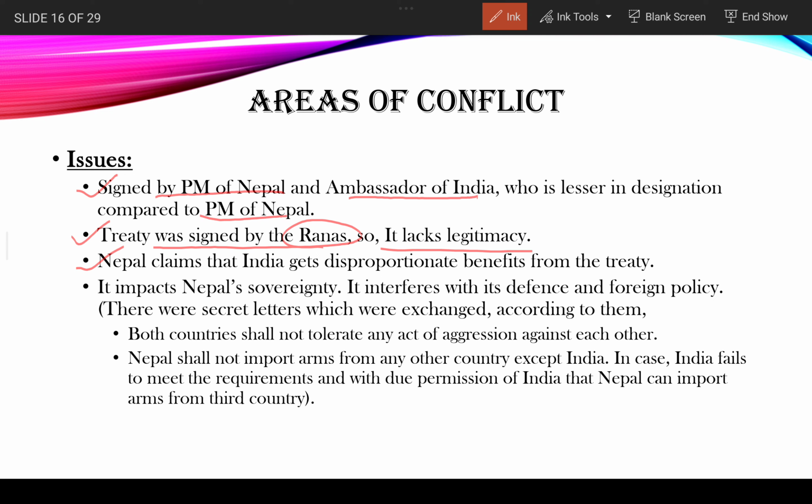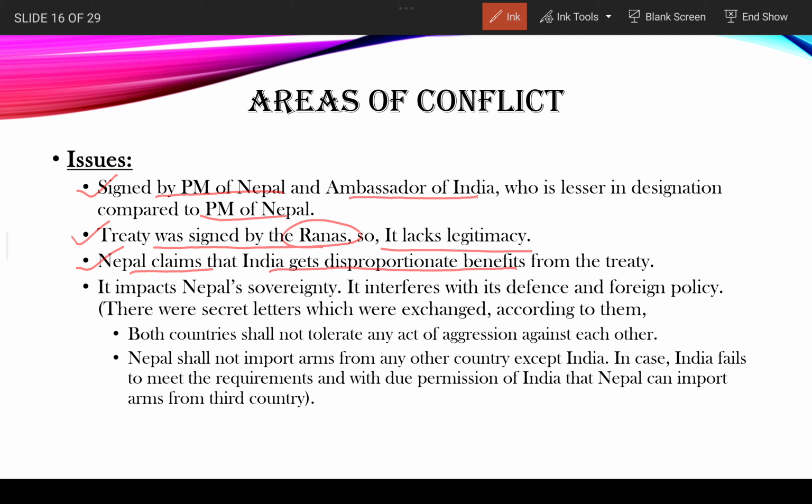Then the third point: Nepal claims that India gets disproportionate benefits from the treaty, that the Indian economy is getting more benefit because of the open borders.